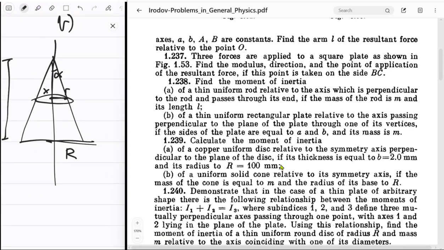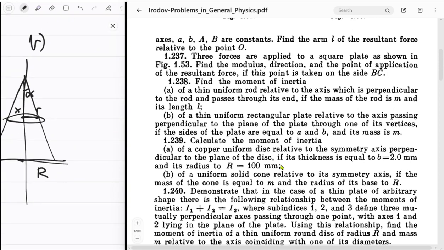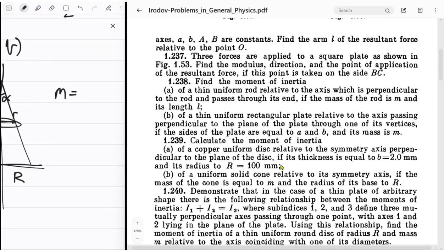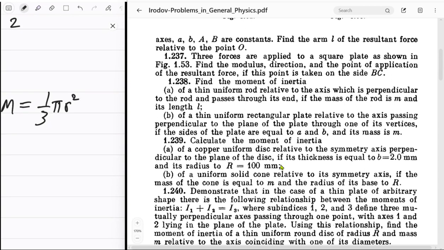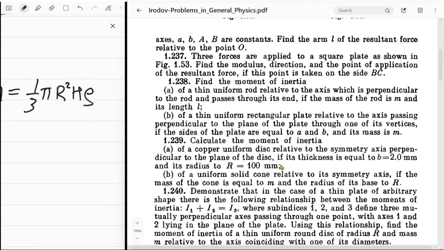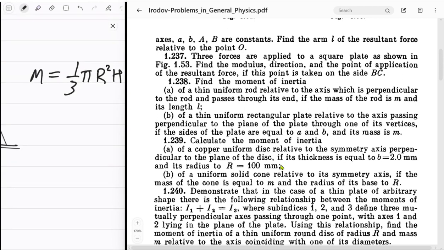The mass of this cylinder, we will figure that out, no big deal. The mass is just the volume, which is 1/3 pi R squared H, times the density. Capital R squared, capital H, and rho as the density. So you can figure out the mass later on. First, we'll just deal with density.